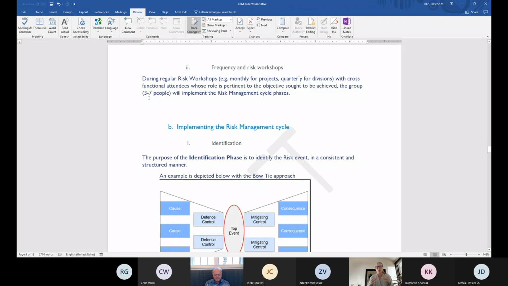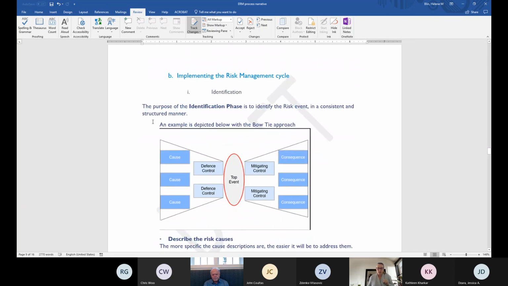So you really want to make sure that you have a manageable group and that the people around the table are either subject matter experts, or people who are deeply involved, knowledgeable, or influenced or impacted by the risk you're going to talk about.